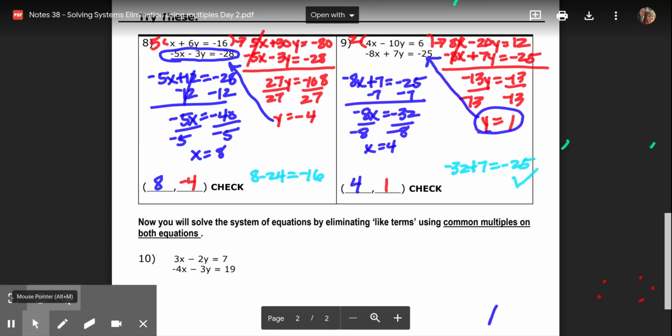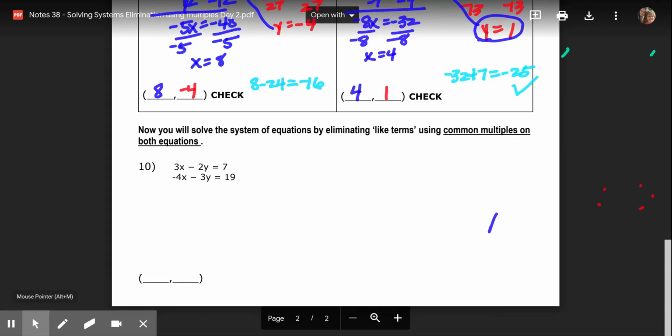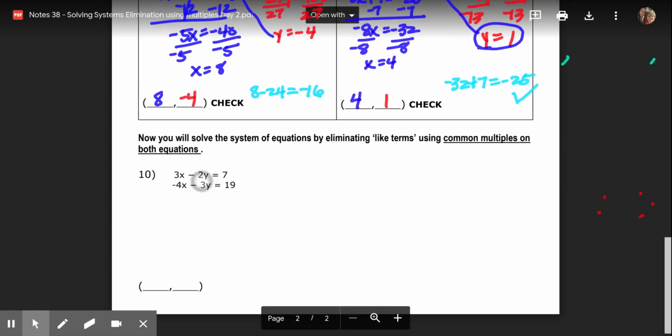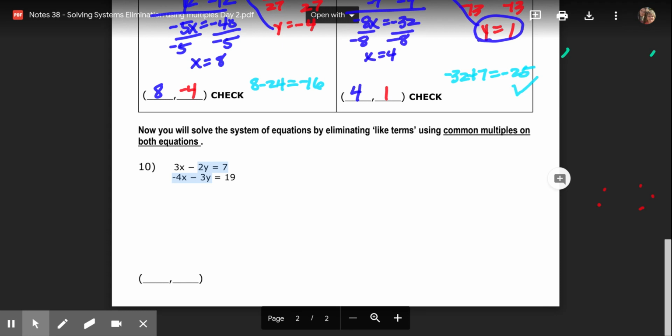All right, let's look at the last one. Now on this last one, it says, now you'll solve the system of equations by eliminating like terms using common multiples on both equations. So on this one, we can either get 12s for right here, the x's. So this would be times 4, this would be times 3. Or we could eliminate using 6's for the y's.